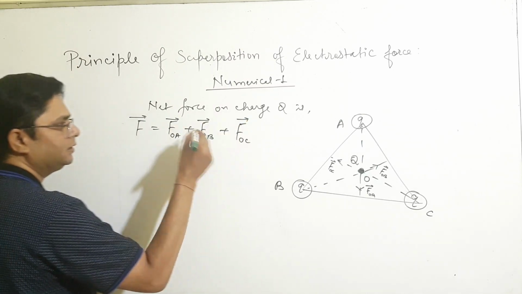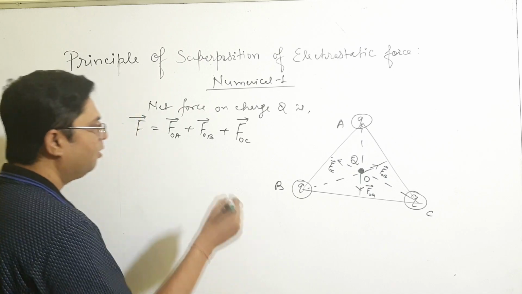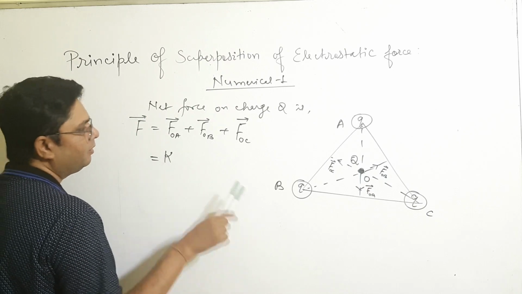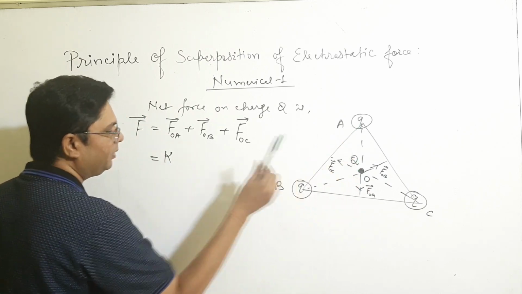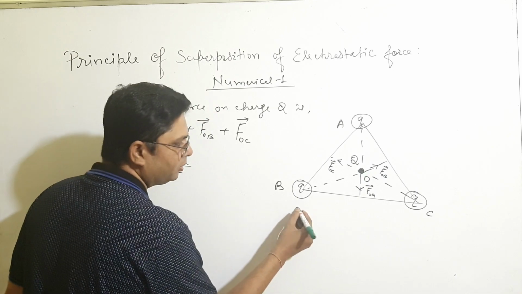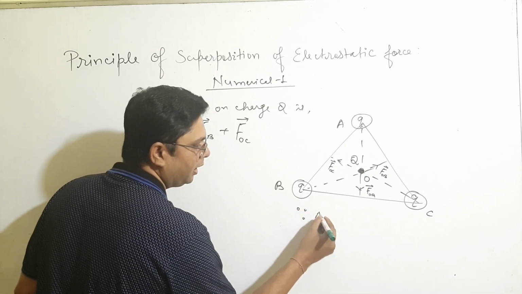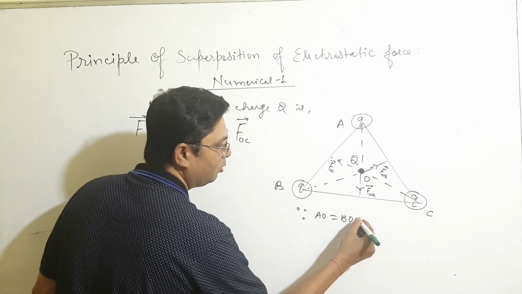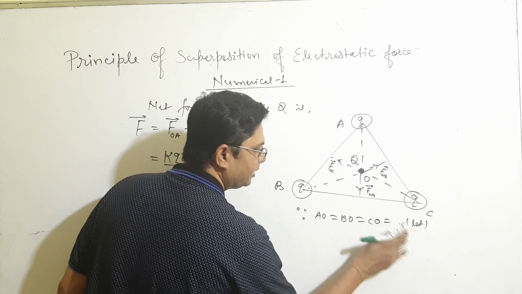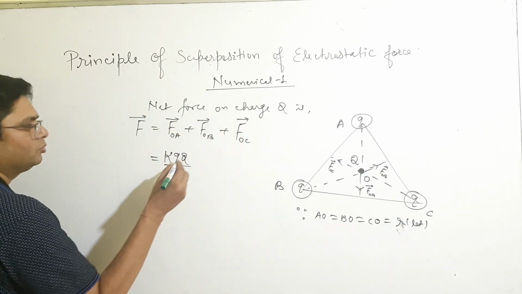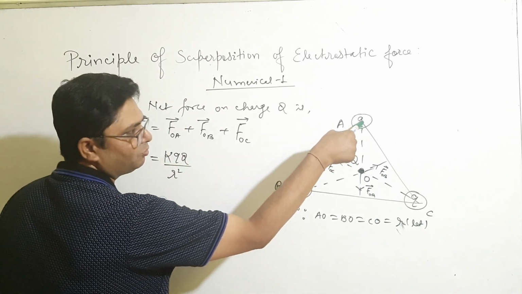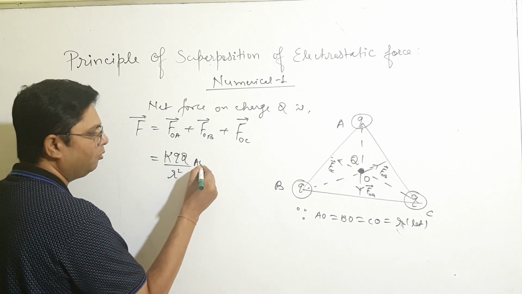These are the forces acting on it. What are the values of the forces? Write the value. The force is K small q capital Q upon R square, because the distances AO, BO and CO are all equal to R. The direction of the force is from A to O, so write AO cap.